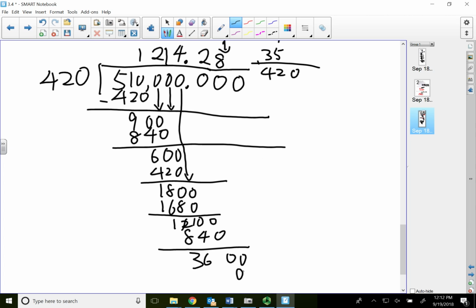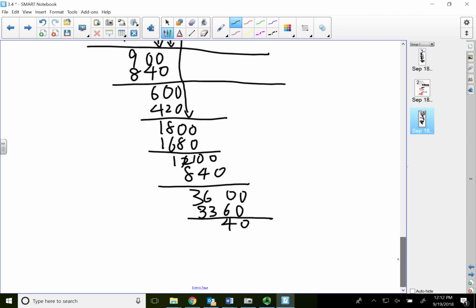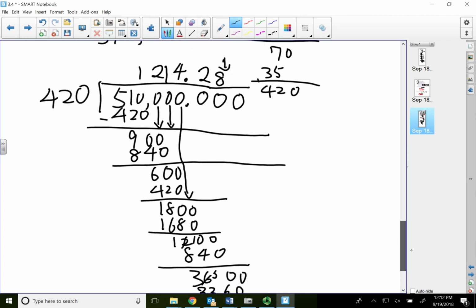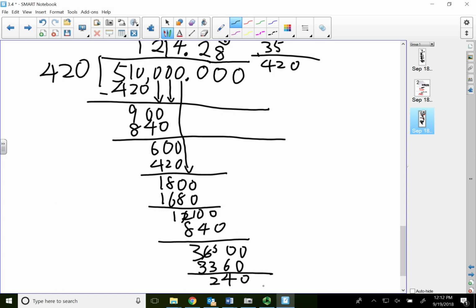8 times 0 is 0. 8 times 2 is 16. Carry 1. 8 times 4 is 32, plus 1 is 33. 5 minus 3 is 2. So that's 240. Bring down the last 0. 4 goes into that about 5 times. Can I use 6? 6 will be too big, so I've got to use 5.